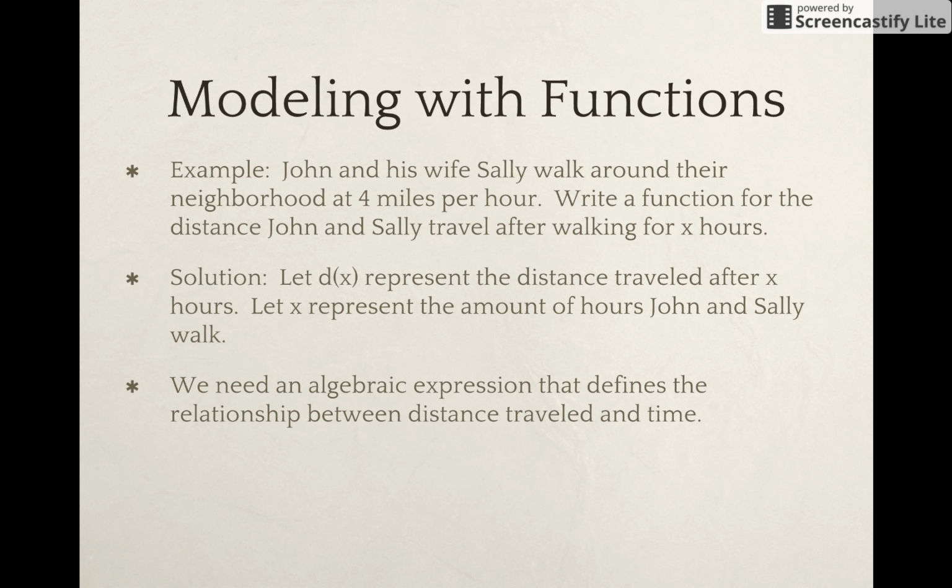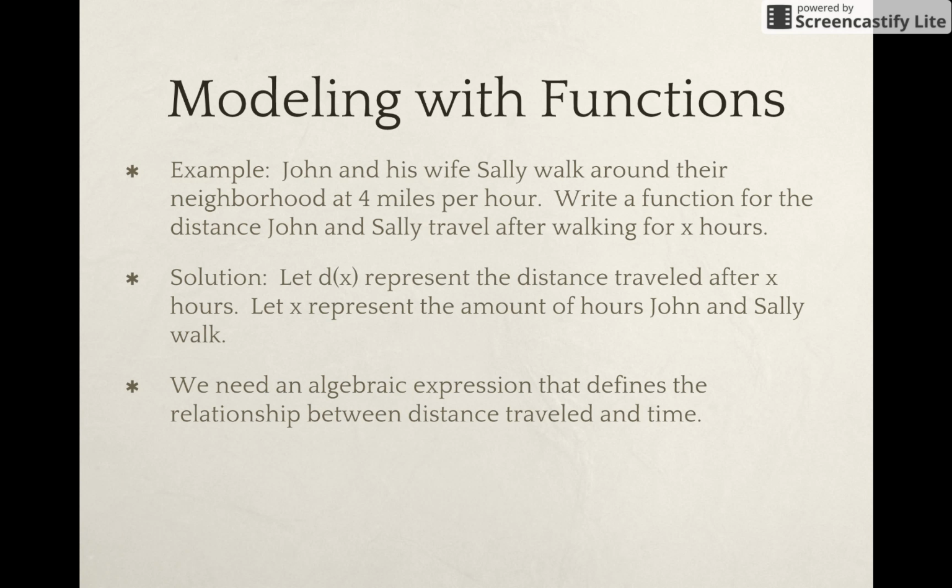Here's another example. John and his wife Sally walk around their neighborhood at 4 miles per hour. We want to write a function for the distance John and Sally travel after walking for x hours. So we might define d of x as the distance traveled after x hours.